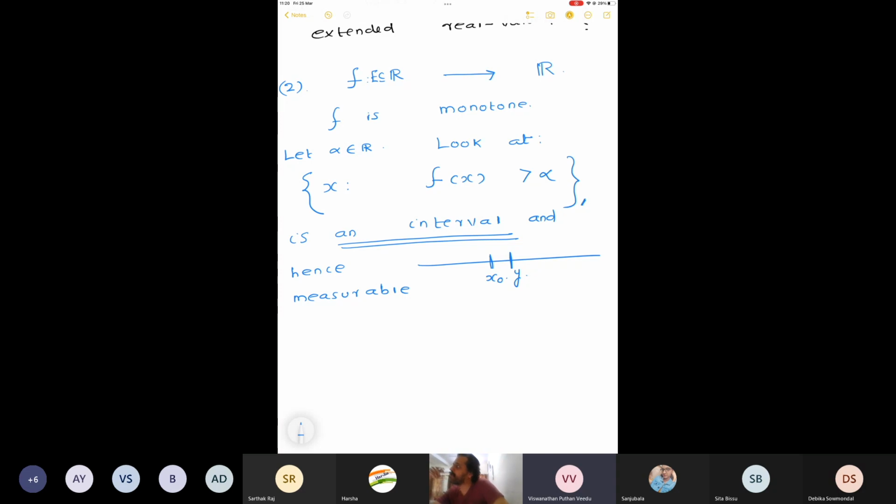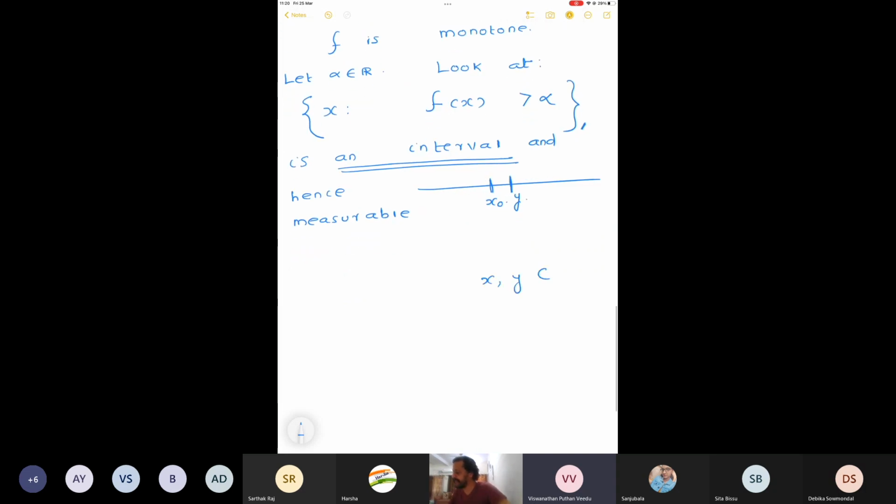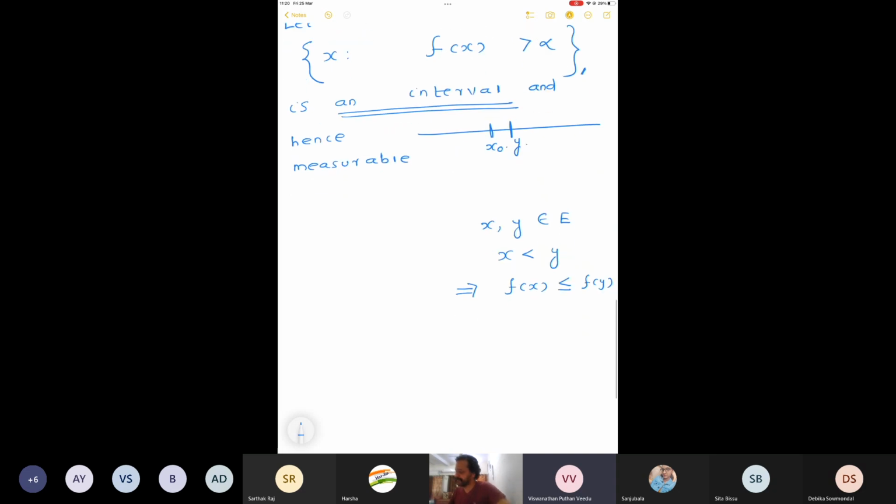First of all, can you talk about monotone? Yes, you can talk about monotonicity because I have to just consider x, y in E, x less than y. This should imply f of x less than or equal to f of y for monotone increasing.